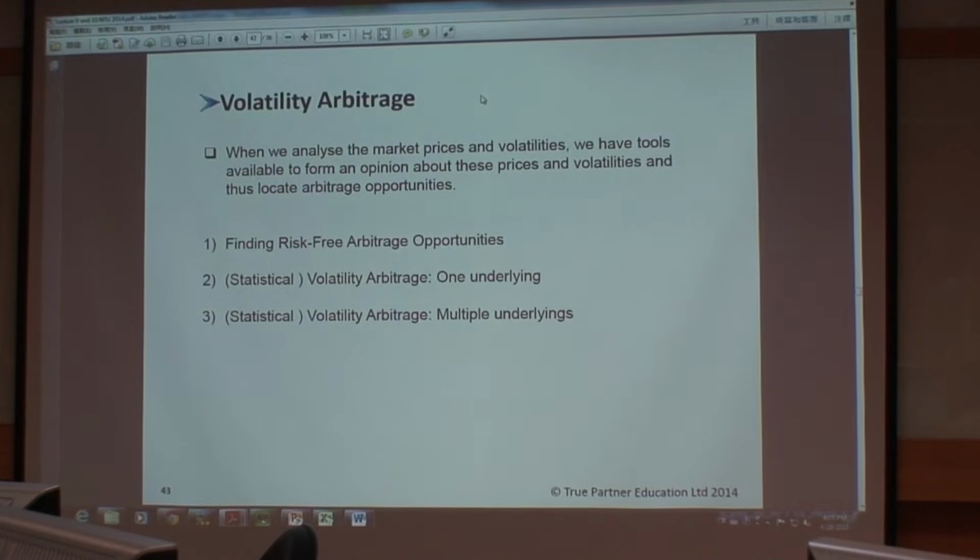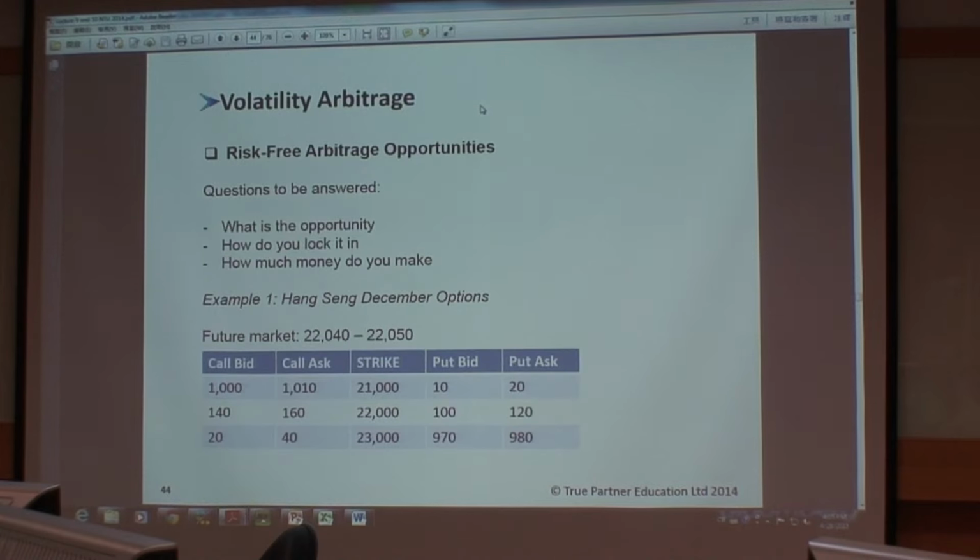So there's 3 types of volatility arbitrage. I can look for risk-free arbitrage opportunities within an instrument, that is, is there free money? I can look for relationships between maturities or moneyness within one underlying. Or finally, I can look at relationships between different underlyings. First one, start relatively simple. Oh, it's difficult to see, right?